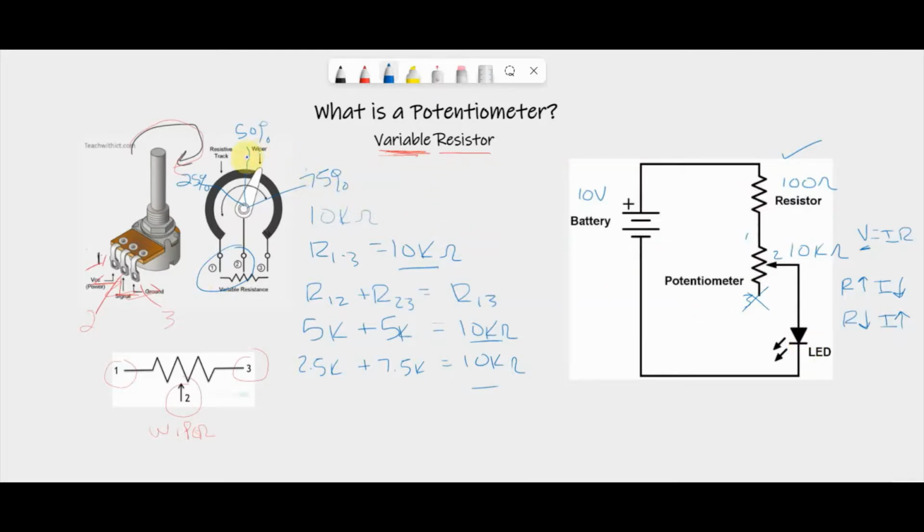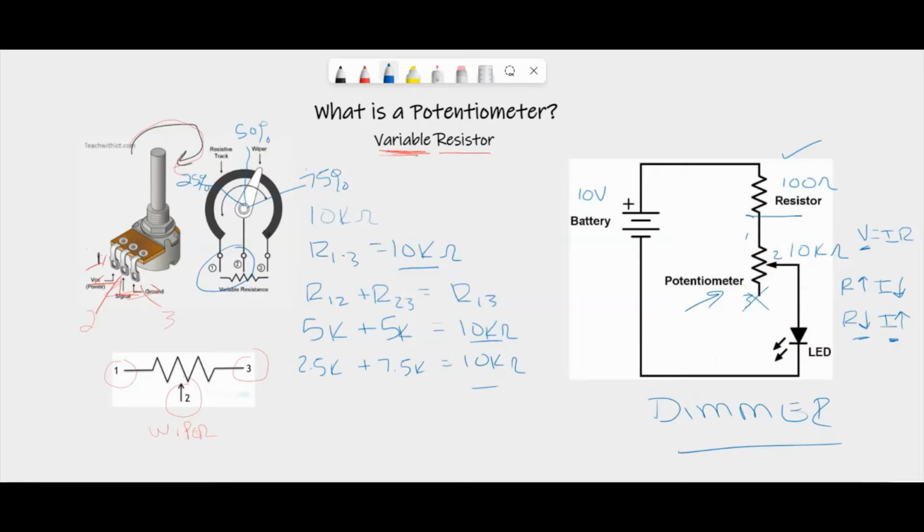Now, if we turn it back to 25%, our resistance is going to go down. If our resistance goes down, our current goes up, and that LED gets brighter. What we've just created here is a dimmer for our LED. Very simple circuit, very easy to do, a good one to get used to what a potentiometer does.